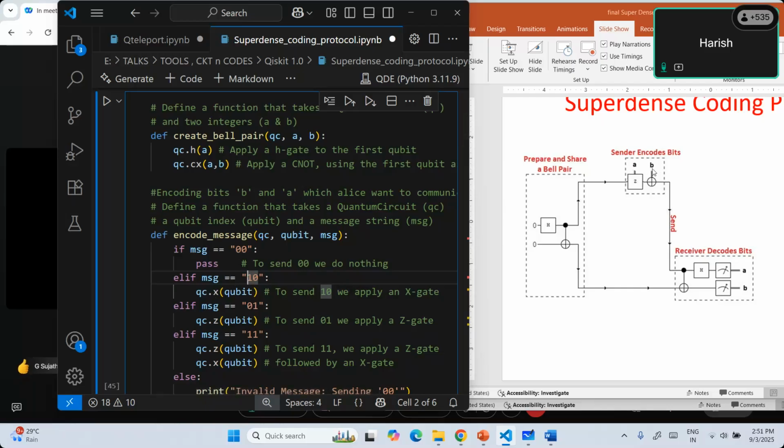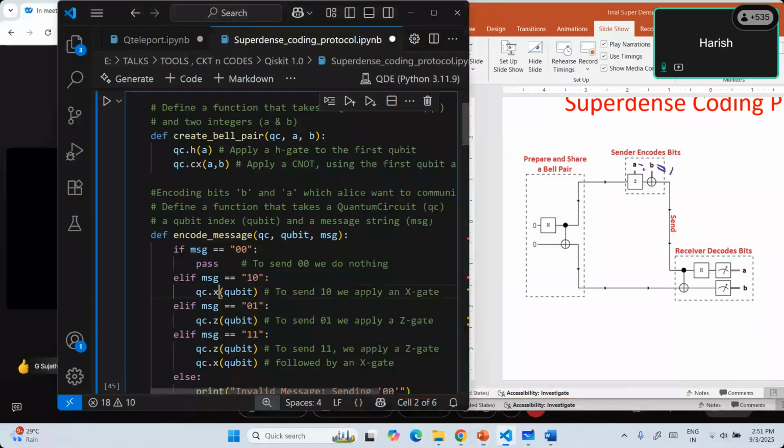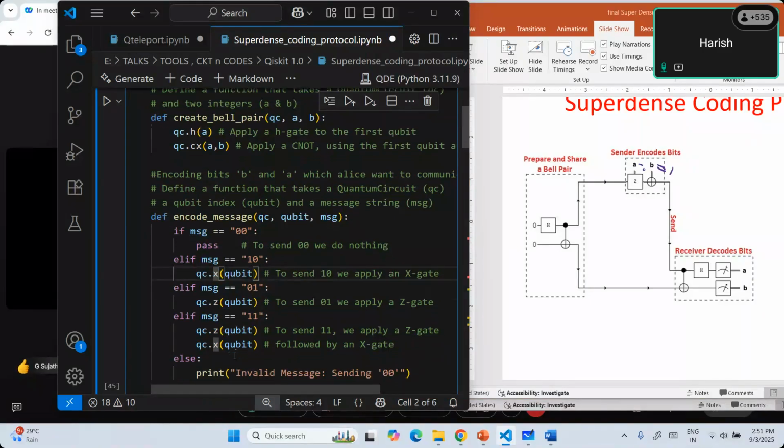B is 1, A is 0, so you are not applying the Z gate, only the X gate. When it is 0, 1, you will apply the Z gate. And when both are 1, you will apply both gates.